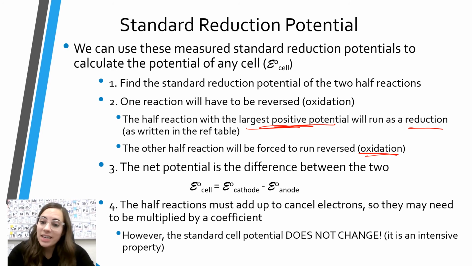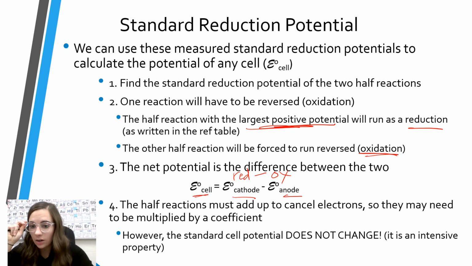And then the net potential, or the overall cell voltage, is the cathode minus the anode, or in other words, the one being reduced minus the one being oxidized. Now, if we're trying to balance the reaction and we have to multiply through by a coefficient to get our electrons to balance, remember I mentioned this before, we do not do anything to the cell voltage.